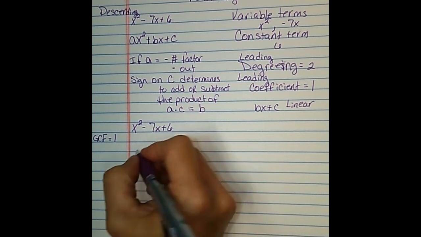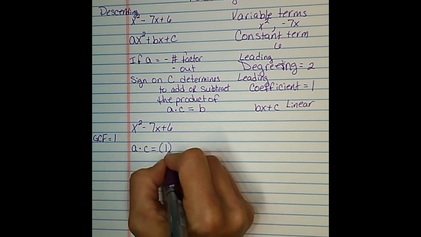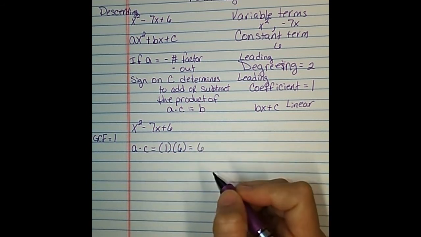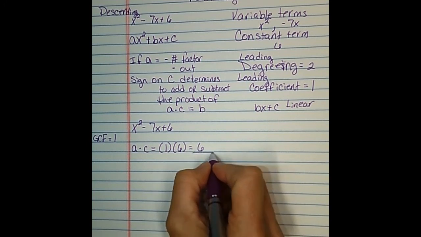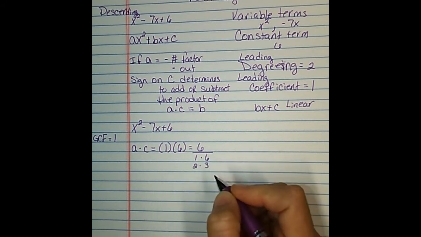Next step says take A times C. Well, what is A? A is 1. C is 6. And we're going to multiply them together and it gives me a product of 6. I'm going to list my product of 6. I got 1 times 6 and 2 times 3, and this works out great.